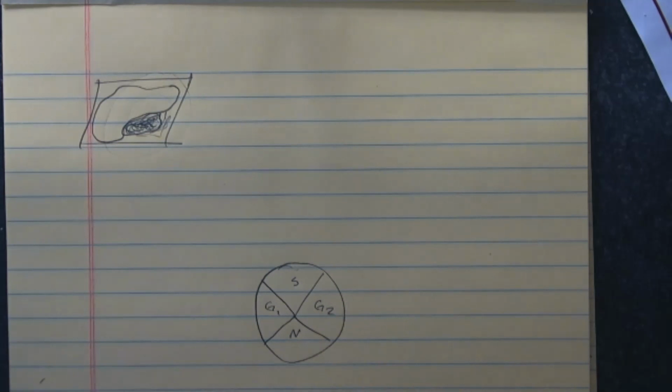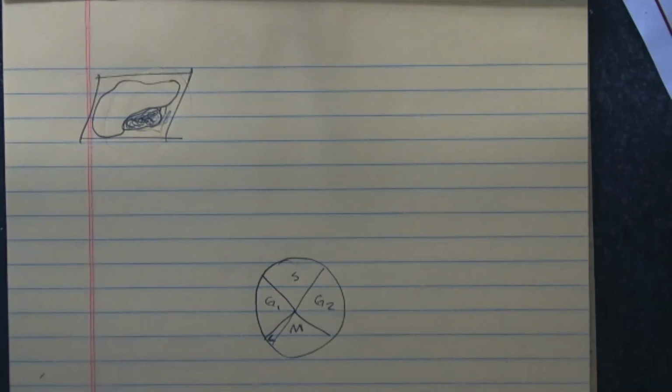And sometimes you'll see this divided with another little one right here for the C. That's a C. All right, and this is the whole entirety of the life of a cell. Okay, 100% of its life, from, we use the word birth, to reproduction.